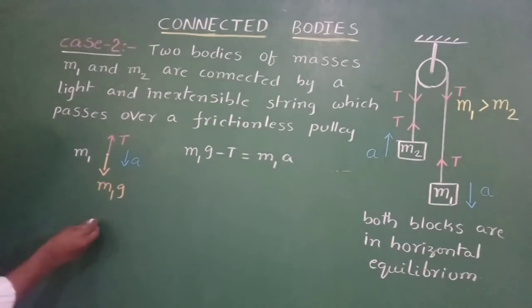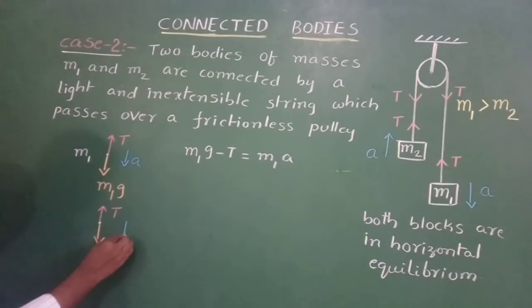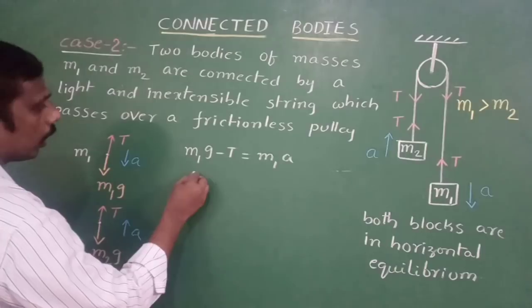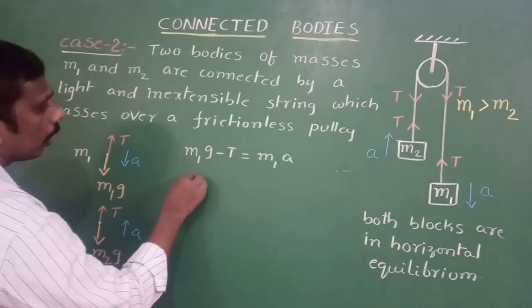Come to the second body. On the second body also, weight m2 into g is acting downward, and tension in the string T is acting upward. This block is going upward, and going upward means the upward force is greater than the downward force.